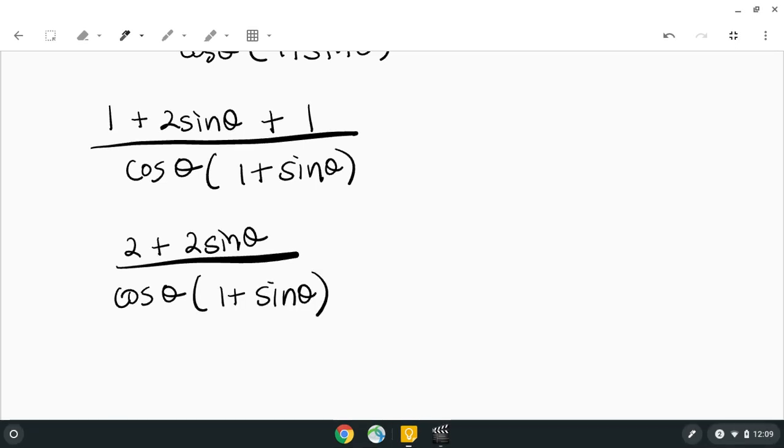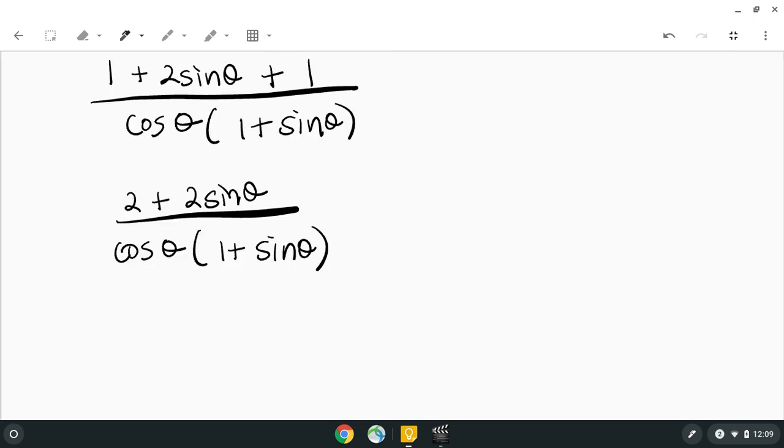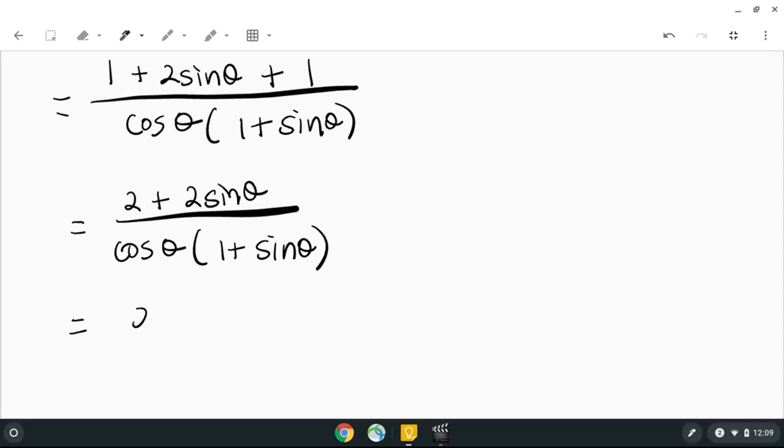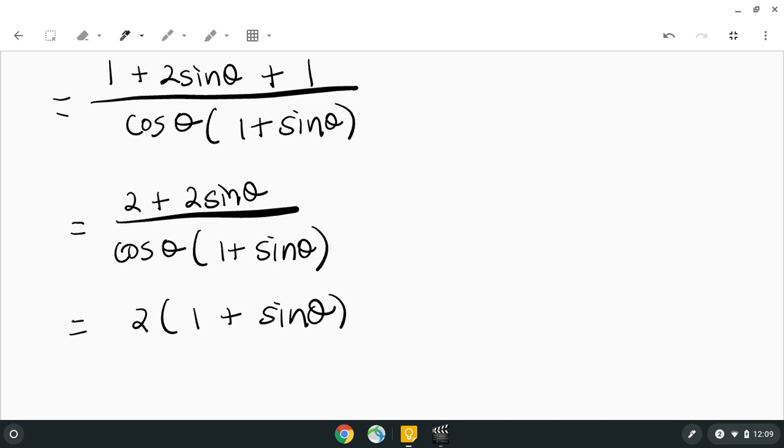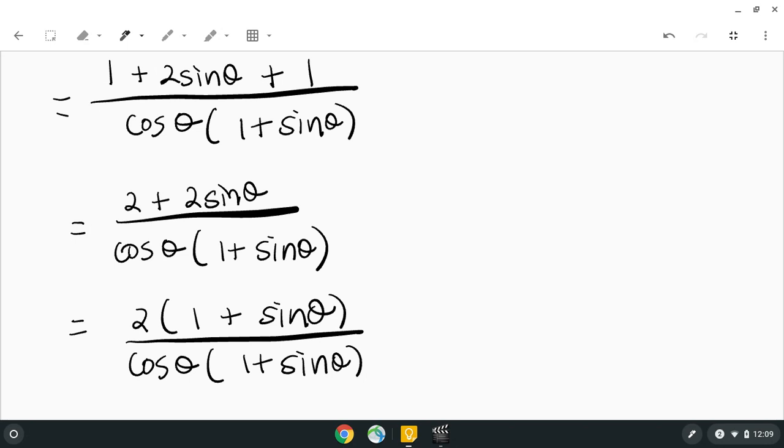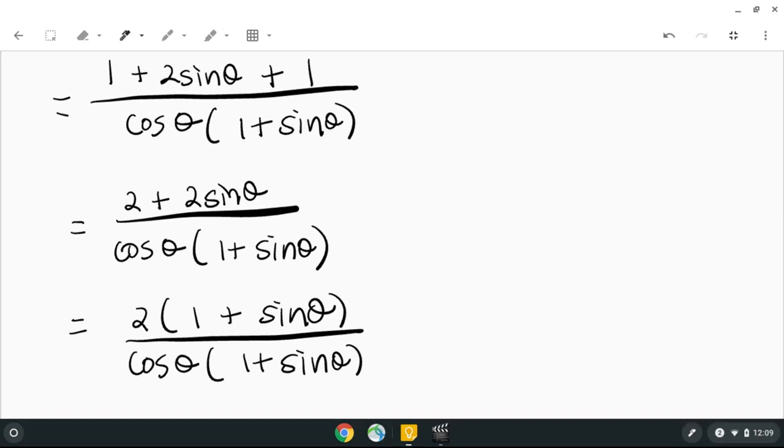And then on top, if I factor out a 2, I can cancel 1 plus sine theta with 1 plus sine theta, right? So let's do that. Factor out a 2. 1 plus sine theta will be left, over cosine theta, 1 plus sine theta, and so now I can cancel them. 1 plus sine theta cancels with 1 plus sine theta.